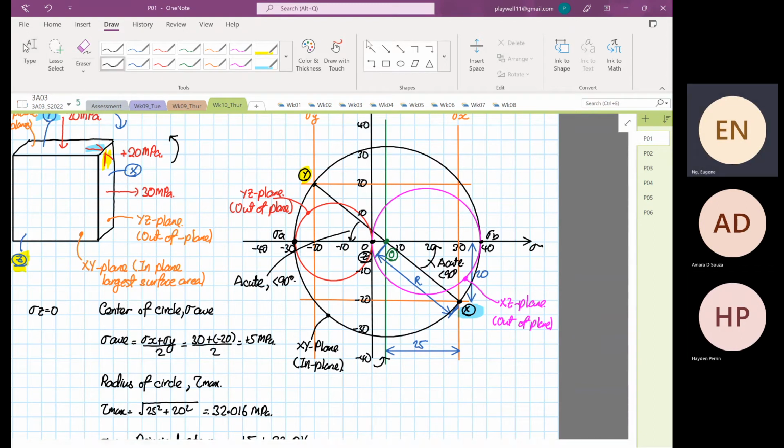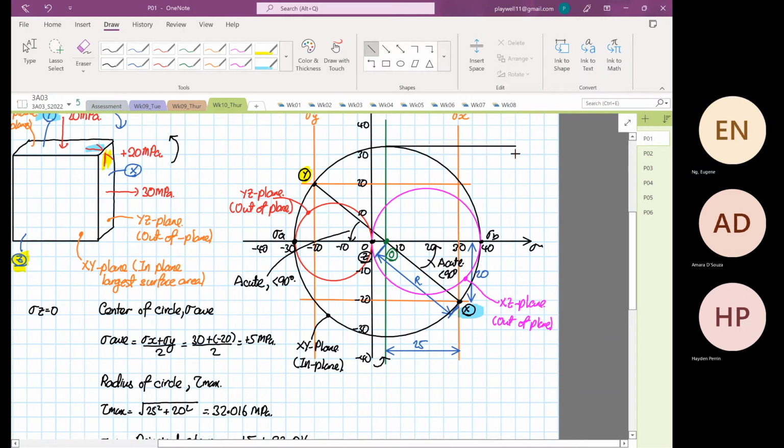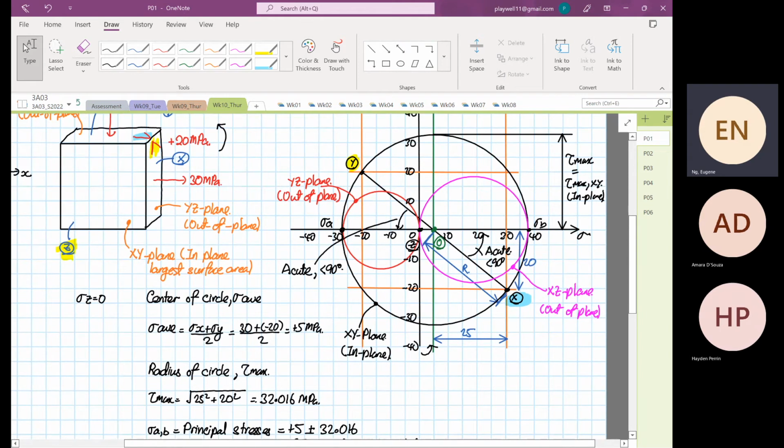So we know that this distance from here to here, the in-plane, this is our tau max, which is equal to the shear max in your XY plane, which is also your in-plane. Okay. So this is how we construct 3D Mohr circle.